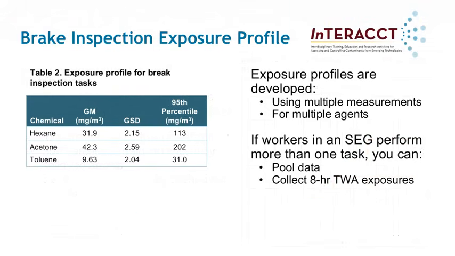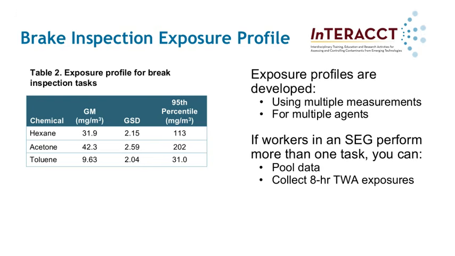Referring to the example in Table 1, you can calculate the geometric mean, geometric standard deviation, and 95th percentile of each chemical using IHStat, as described in previous slides. These values are shown in Table 2, and they are the key statistics to define exposure profiles for hexane, acetone, and toluene of workers doing brake inspection tasks.